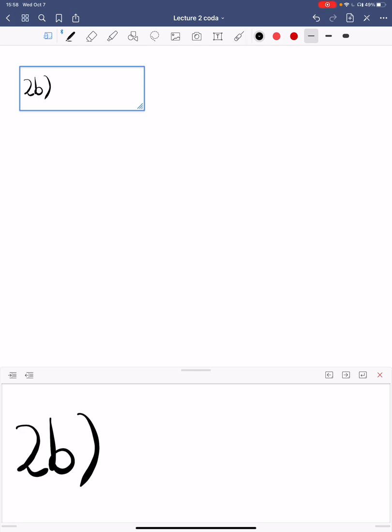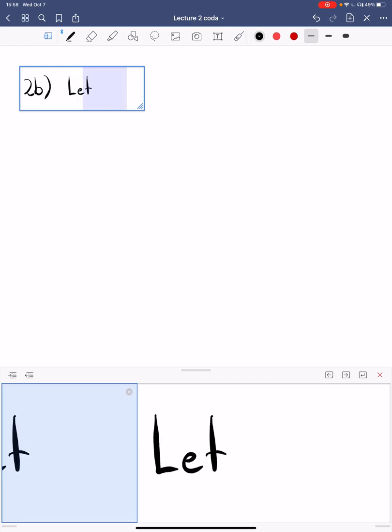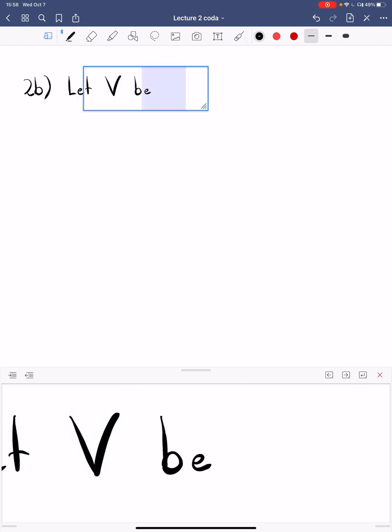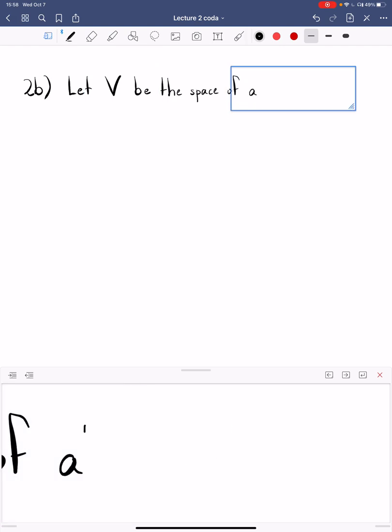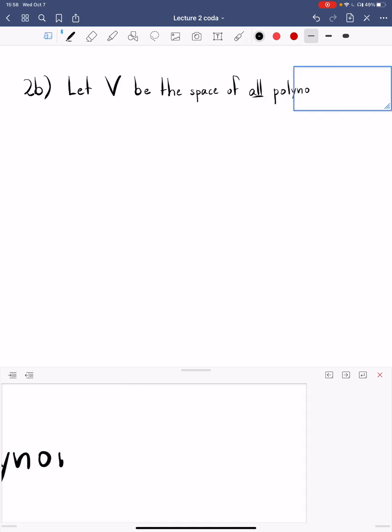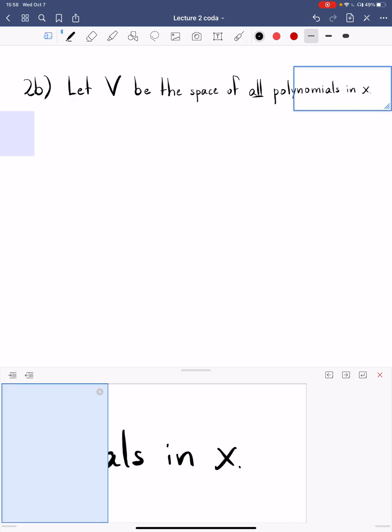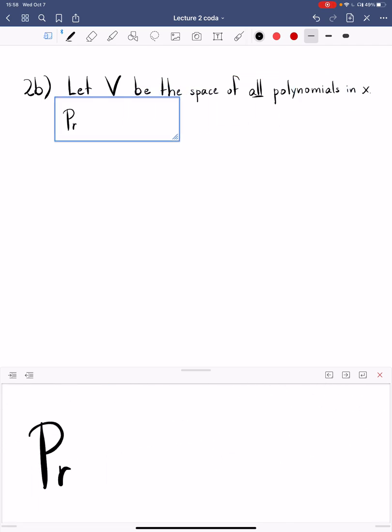It says, let V be the space of all polynomials in the variable x. Prove that V is infinite dimensional.